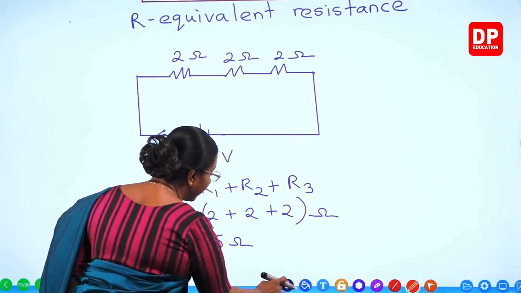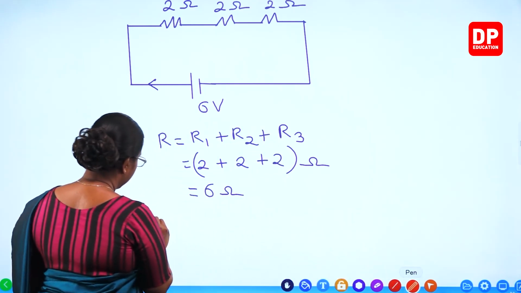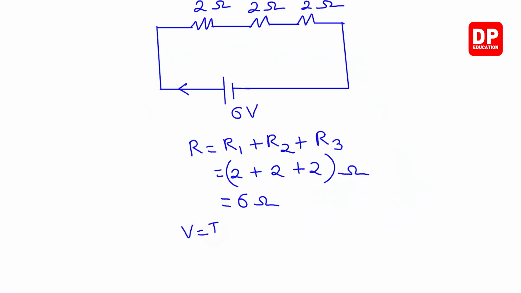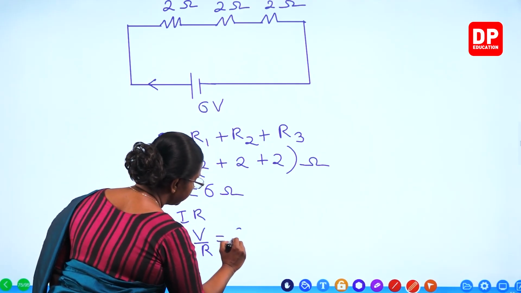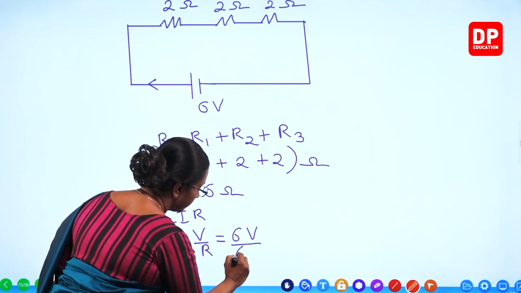So if you calculate the current flow through the circuit, V is equal to IR. From that you can calculate I is equal to V over R. What is V? Potential difference, 6 volts. What is R? 6 ohms.